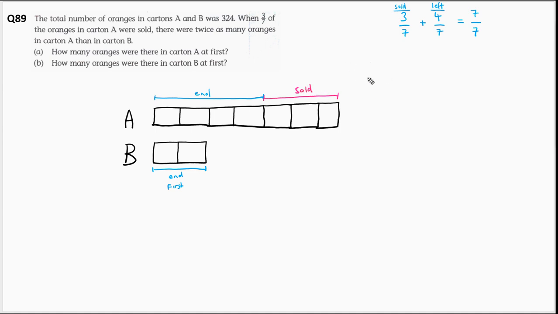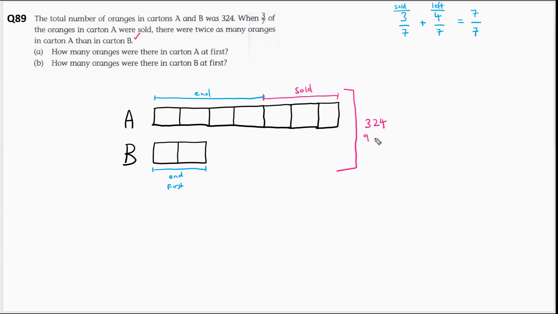Now, what do we know? Let's go back and look at the information. I think we've captured all of that. It says that the total number of oranges in cartons A and B was 324, and that's what it was at the beginning. 324 is the value of all of these equal parts: 1, 2, 3, 4, 5, 6, 7, 8, 9.